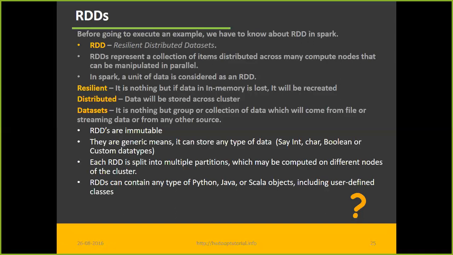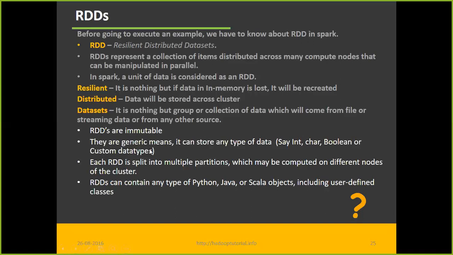And the next statement is also like that. They are generic and they can store any type of data. And again, in the next slide, I will say RDDs are fixed. Once you assign a data type, you can't change that. You have to carefully capture these statements.